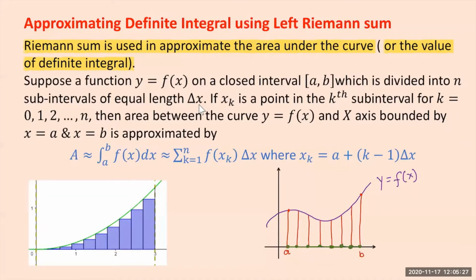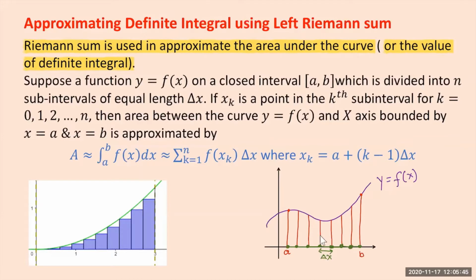Suppose the length of any subinterval is delta x. If xk is the point on the kth subinterval, for example, this is the first subinterval, second, third, and so on.